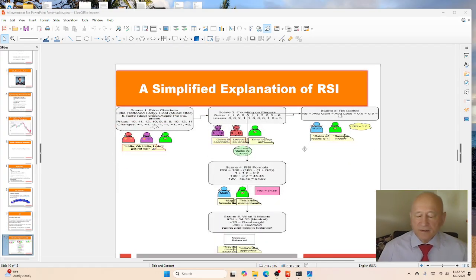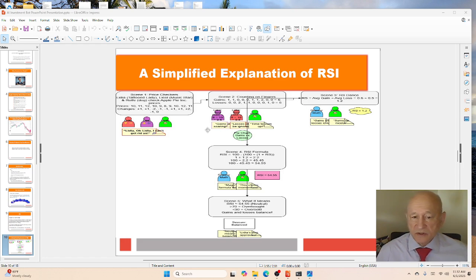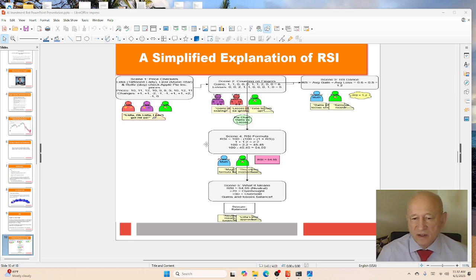I created an image using three characters for explanation and simplification of the RSI calculation. One's name is Lydia, one's name is Liesel, and one's name is Rolf, which happens to be my name. Lydia calculates the losses, and Liesel calculates the gains, while Rolf presents the RSI calculation and simplifies the math so you can understand it.